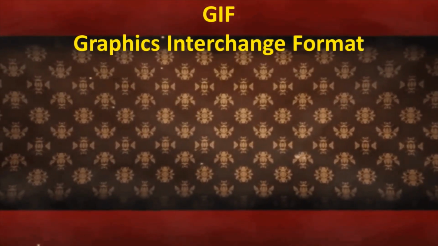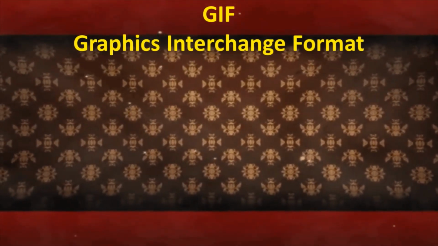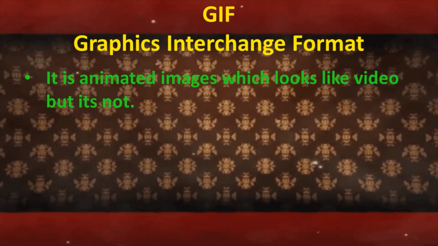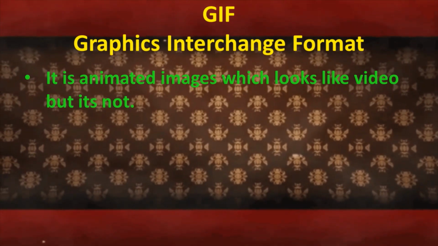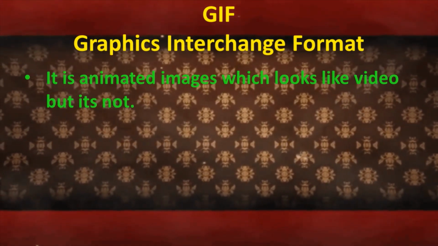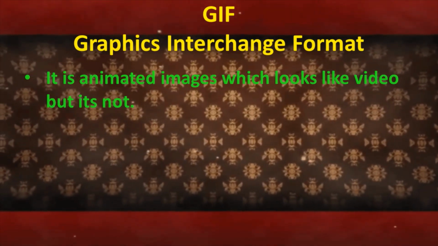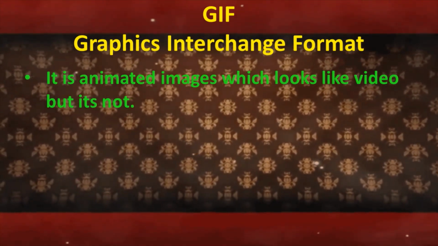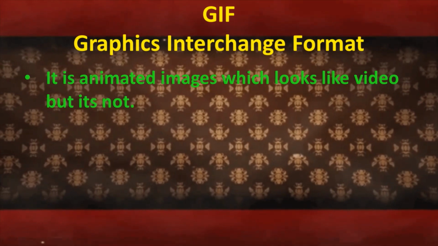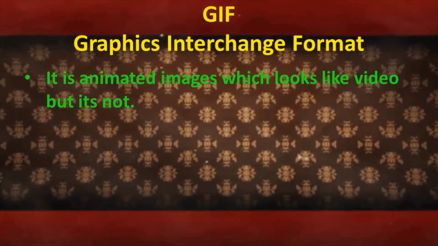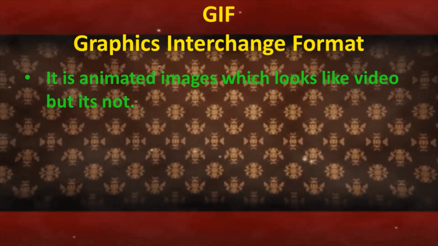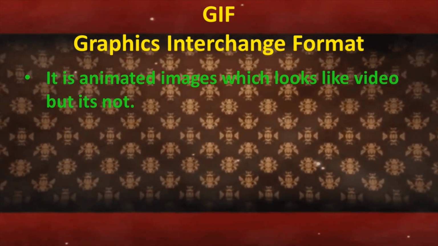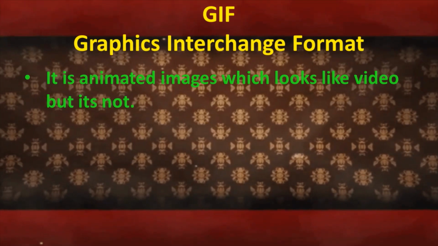Next one is GIF, that is Graphics Interchange Format. Now these are animated images, which look like a video, but it's not a video. Now what do we mean by animation? Whenever you see any picture, whatever objects are there in the picture, they never move, but in a GIF image, whatever objects are there in a picture, they can move from one place to another.